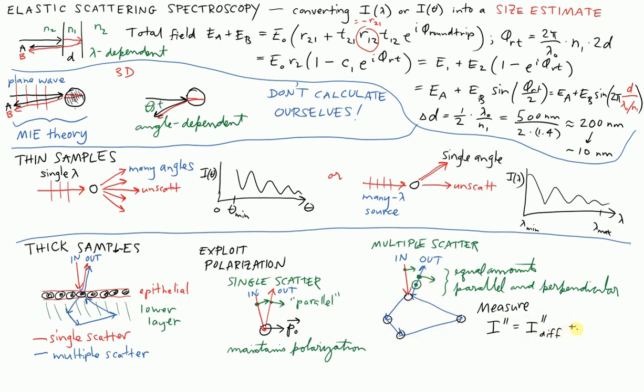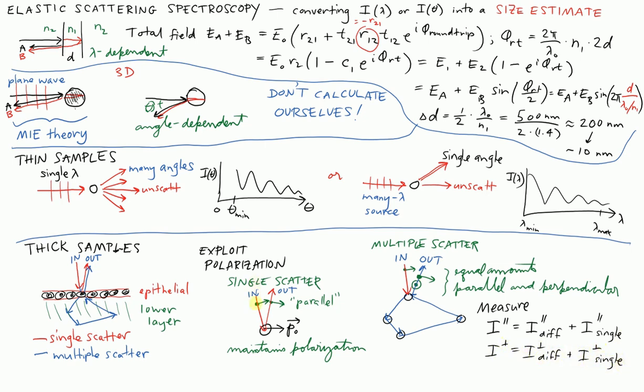And then there's also going to be an I parallel for single scatter. And similarly, we can write the same thing for the perpendicular component. It's going to have a perpendicular component due to diffusely scattered light, and a perpendicular component due to singly scattered light.